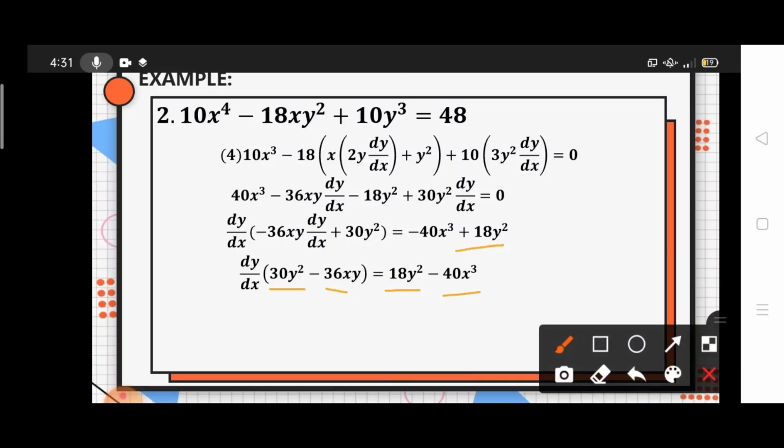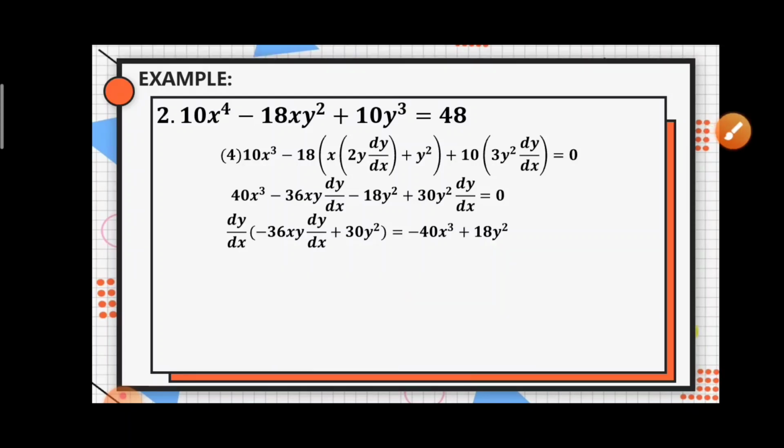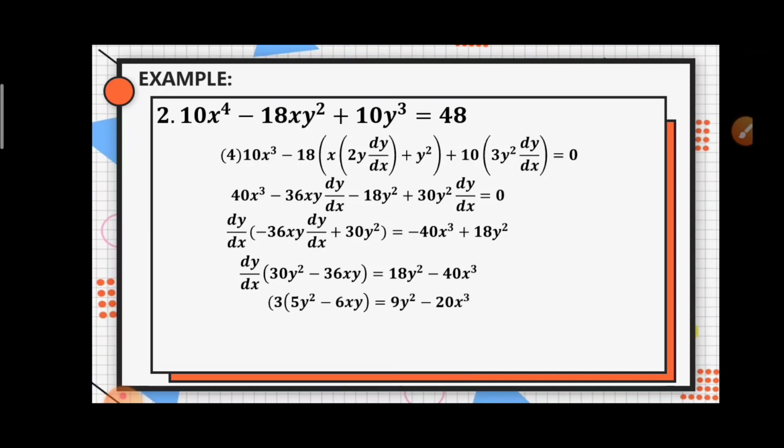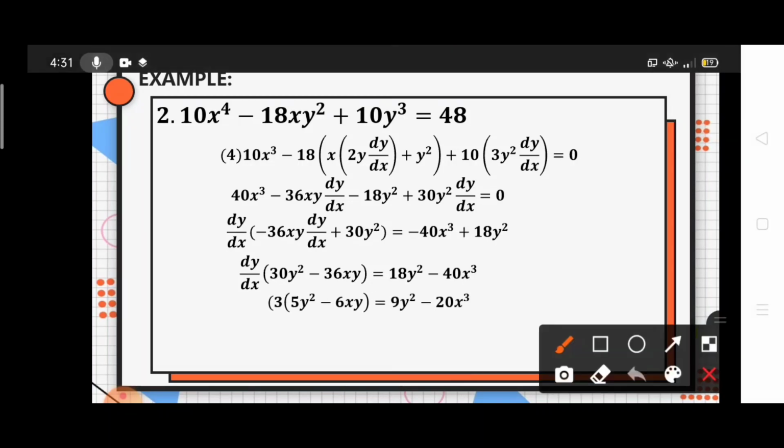And let us simplify this equation because this is not yet simplified. So divide both sides by 2. We get 30 divided by 2, which is 15, or 3 times 5y squared.